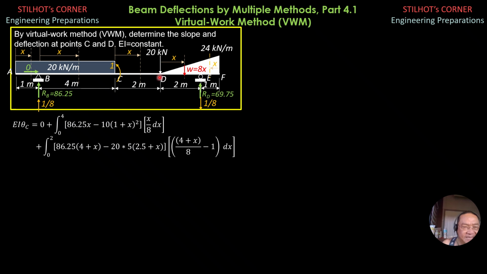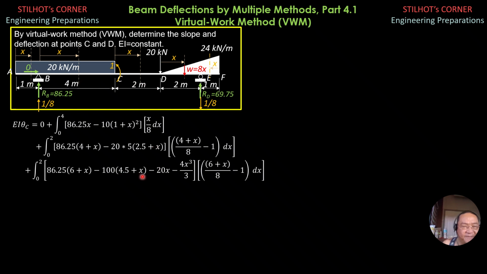So next is integral from 0 to 2 of quantity 86.25 times 6 plus x minus 100, the distance is 2.5 plus 2, so 4.5 plus x, then minus 20 times x minus 1/2 of x, 8x, moment arm x over 3, so that reduces to minus 4/3 x cubed.